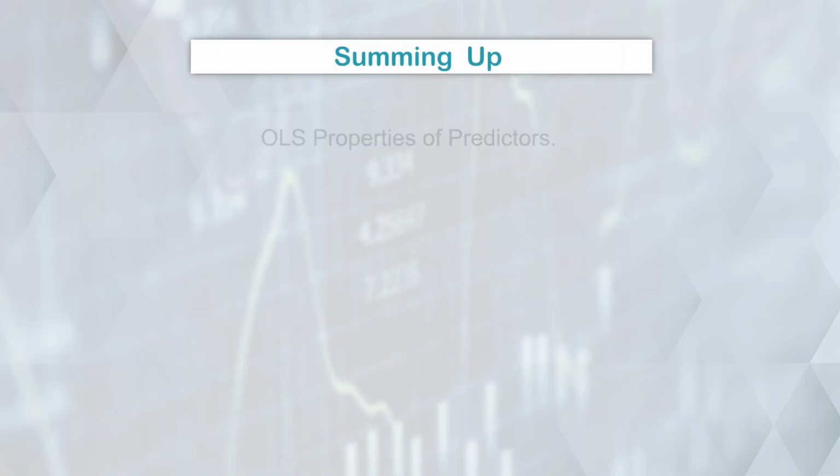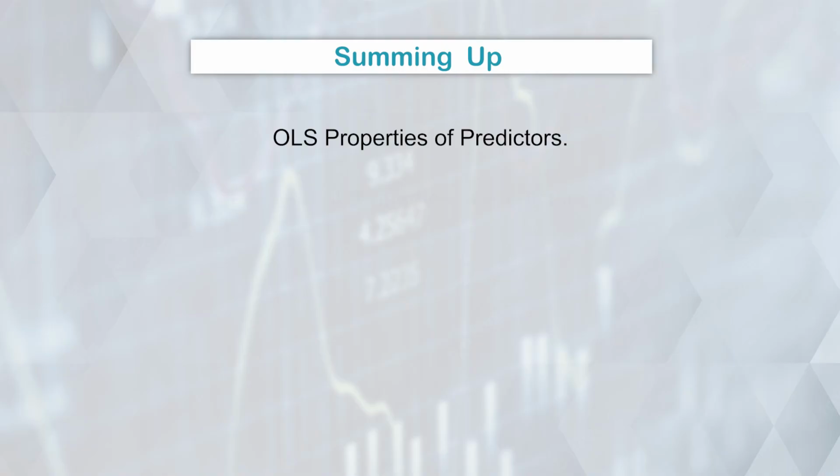So now we finally come up to the summing up of this particular module 20. In this module 20, we have derived the OLS properties of the predictor, which is Y0, and we have used the point prediction method. By applying the point prediction method we have seen that the predictor always satisfies the OLS property, that is, it has the minimum variance and it is unbiased. Secondly, the derivation of the properties is done based on the derivation process that we followed in the normal OLS method.